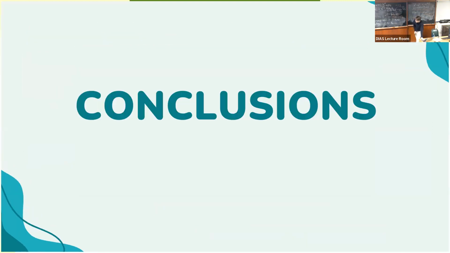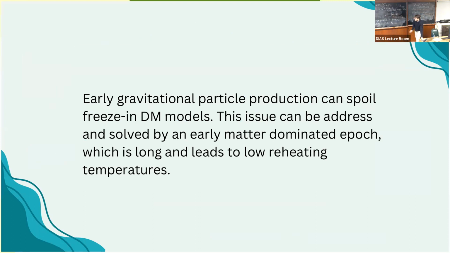Okay, so just going to my conclusions. We have early production of dark matter, scalar in this case, that can spoil the assumption for freeze-in. We can address this with an early matter-dominated epoch, and this would push the reheating temperature to quite low values.